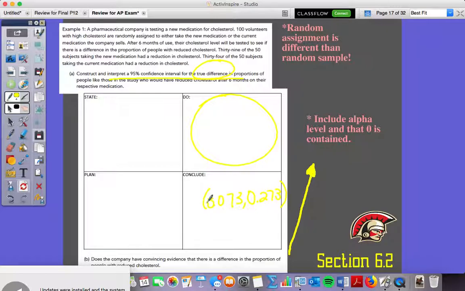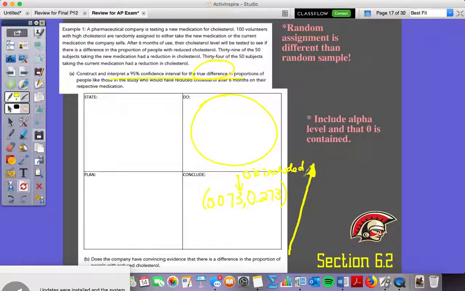It's on both sides, negative and positive. So we would say since 0 is included in the difference, we do not have convincing evidence to say that the medication, in fact, reduced the amount of cholesterol.